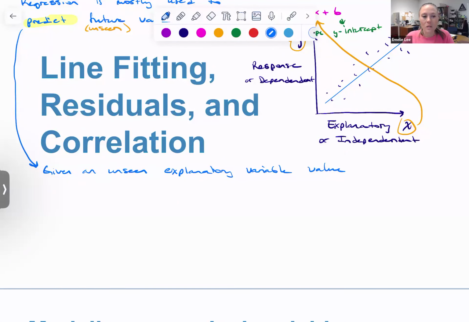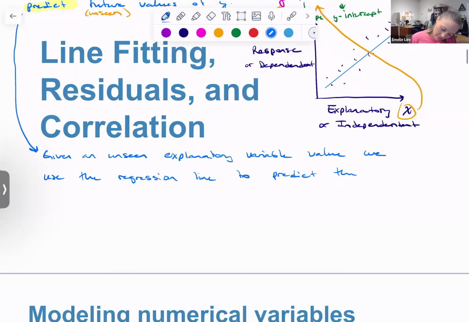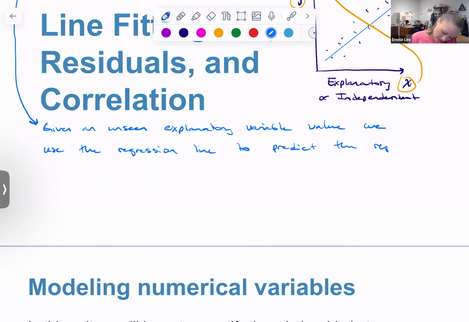Those are values. We want to predict the response variable. We use the regression line to predict the response variable.